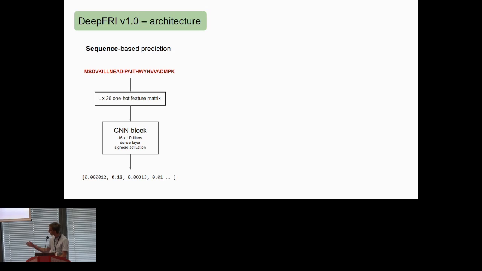So each position of the vector gives you kind of the probability that the input sequence has this particular GO term. And there are 4 independent neural networks for each gene ontology and EC numbers.